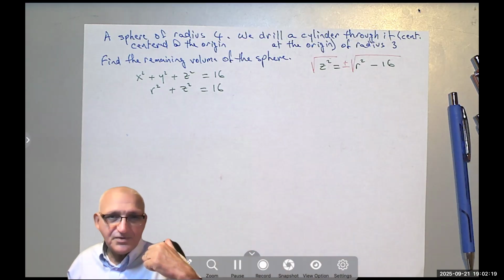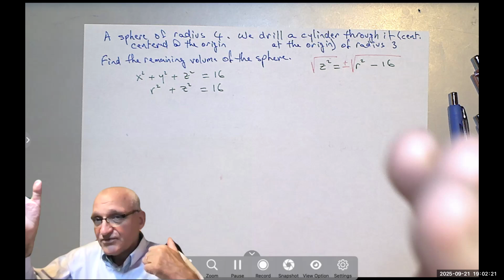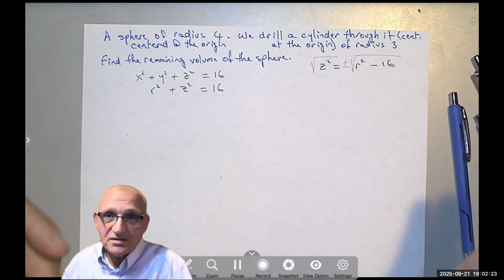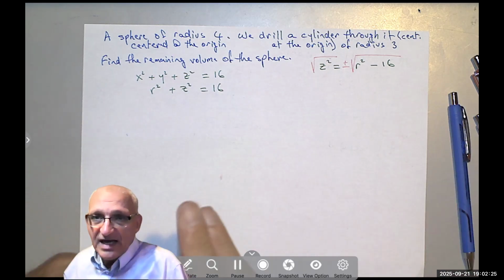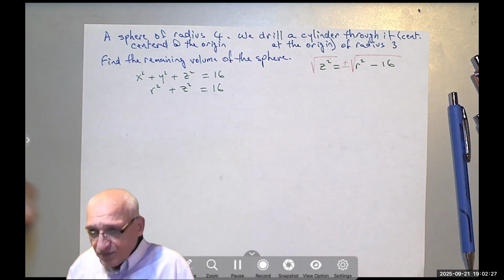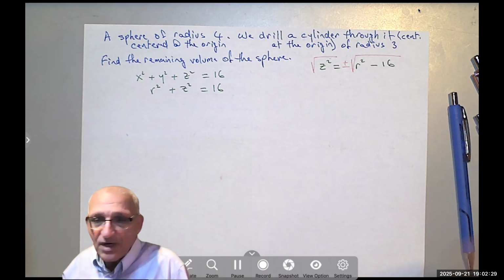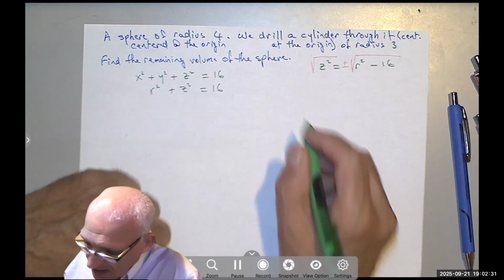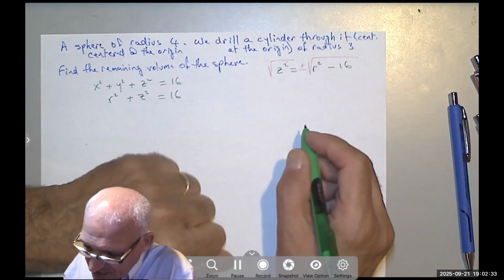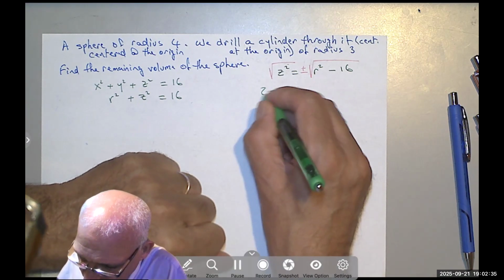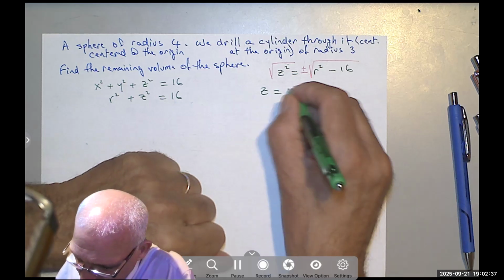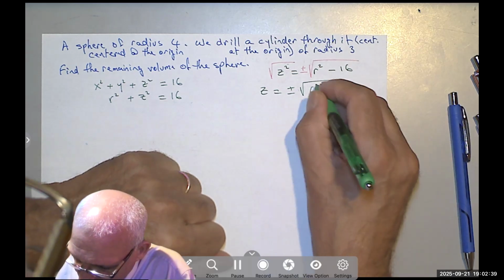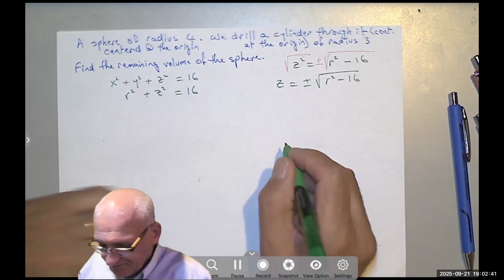Like the circle in the previous example, we only had the positive root, and we knew that we were dealing with the top half of the circle. If it were negative, I would have done it for the bottom one. So it's not any different. So here I will get z is plus or minus the square root of 16 minus r squared.